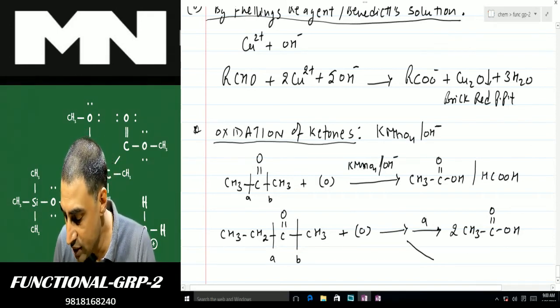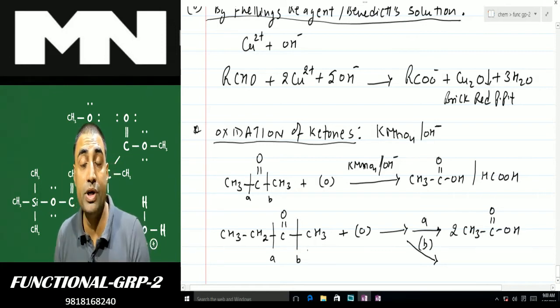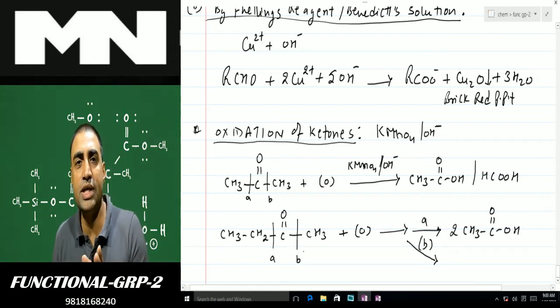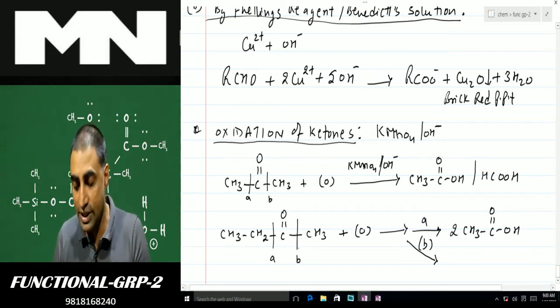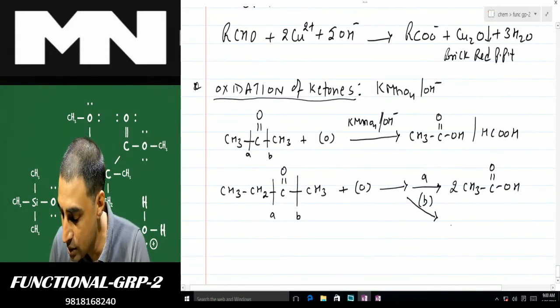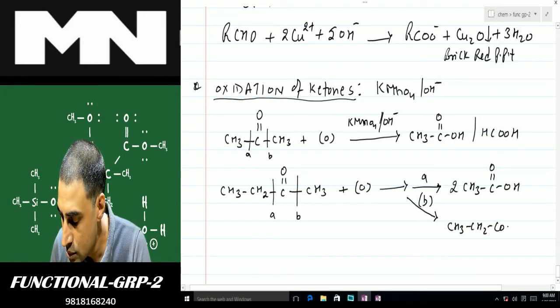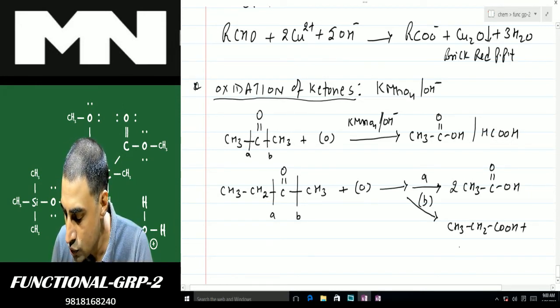But if it breaks from side B, on one side you'll get 1 carbon, on the other side you'll get 3 carbons. So you'll get a molecule of propanoic acid and formic acid.